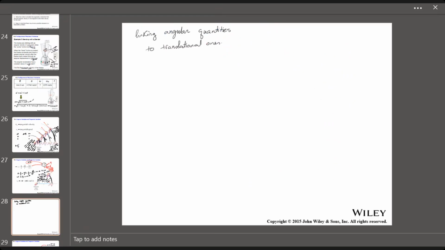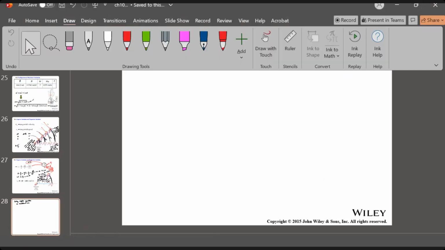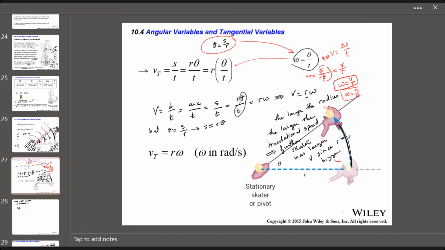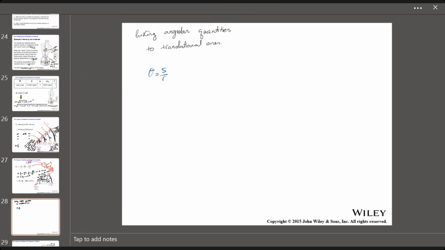So I know mathematically that theta is equal to S over R. Are you all familiar with this formula from math? Yes. Theta here is equal to the arc length over the radius of the circle. So this basically gives us the first link, which is between theta and S.